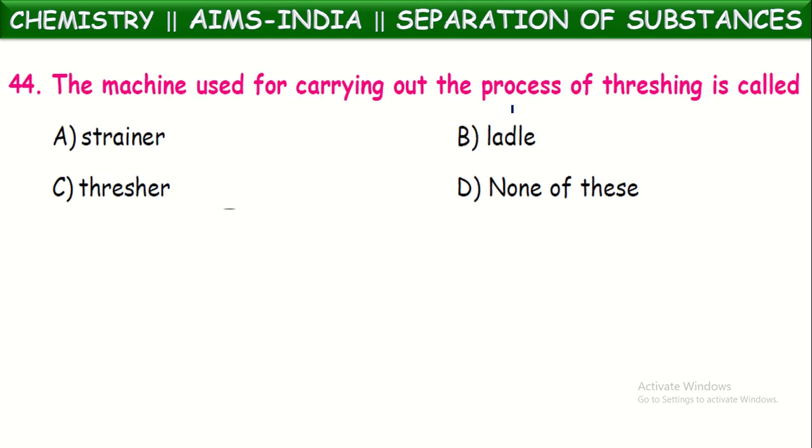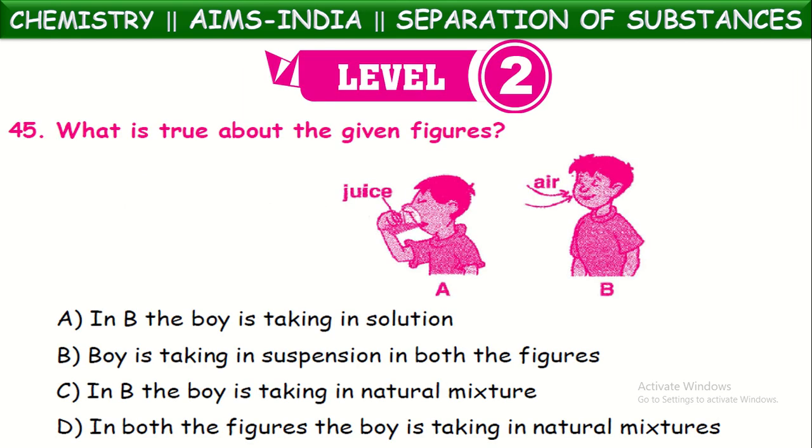Next one. The machine used for carrying out the process of threshing is called thresher. Nowadays, instead of beating the stalks against hard rocks, they are using certain machines for that. That's called thresher.